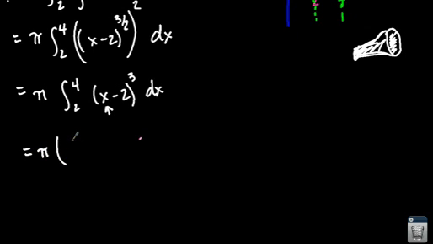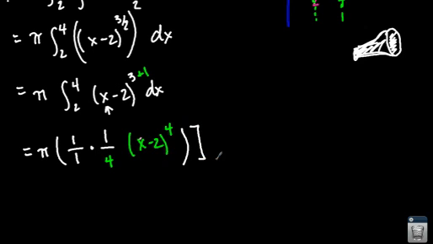I end up with 1 divided by the coefficient of my x term, which is 1, times 1 divided by my new exponent. So we say 3 plus 1, which is 4. So put 4 down here, times what's in the parentheses raised to my new exponent. Alright, so that's that method. And then we're going from 2 to 4.